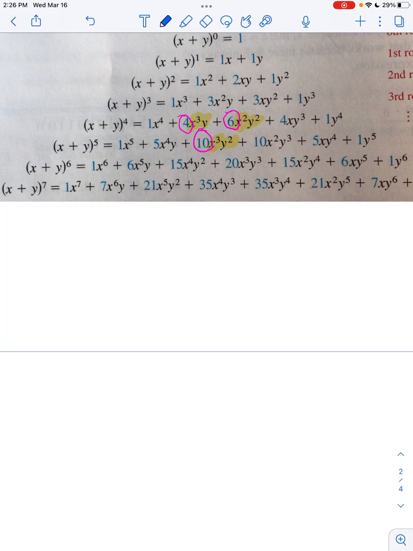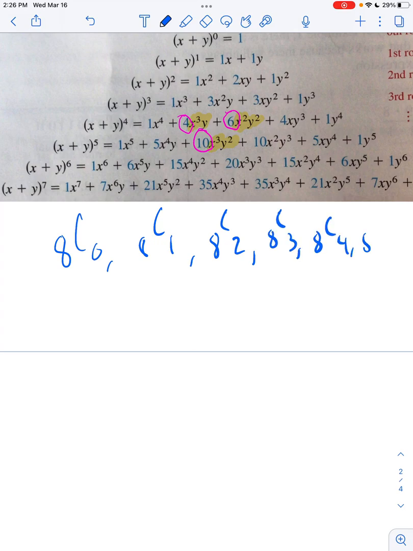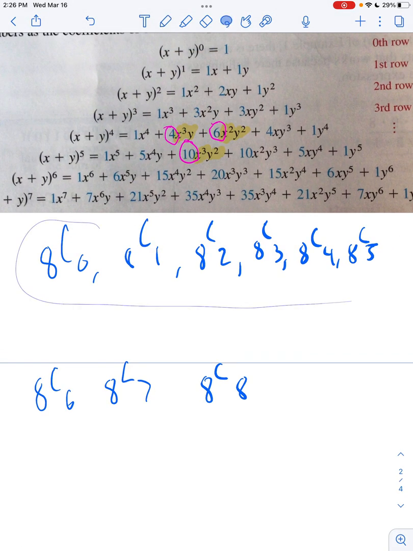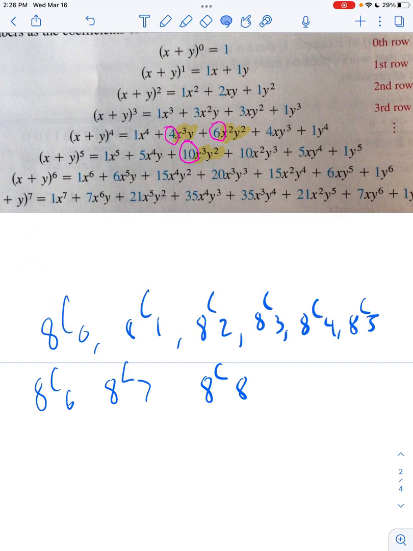So if we wanted to expand something, it says use the 7th row of Pascal's triangle to find the binomial coefficients.